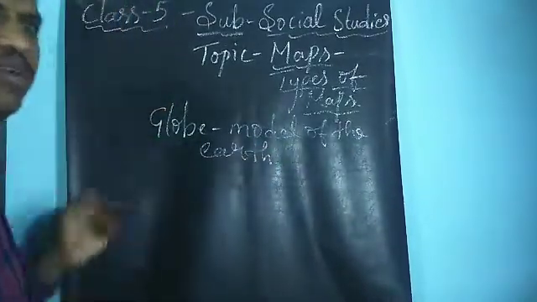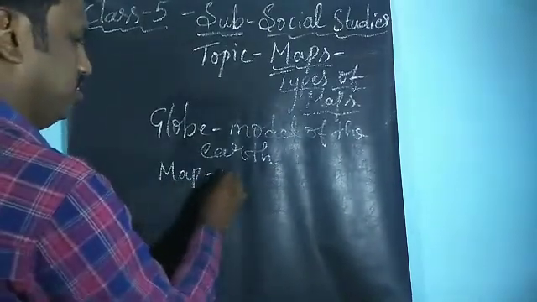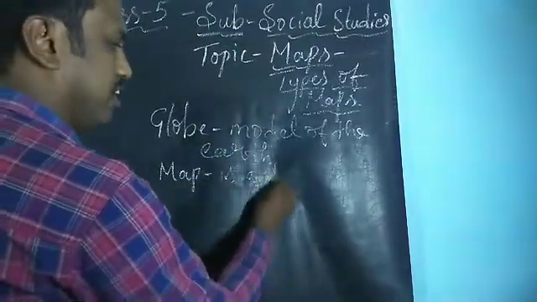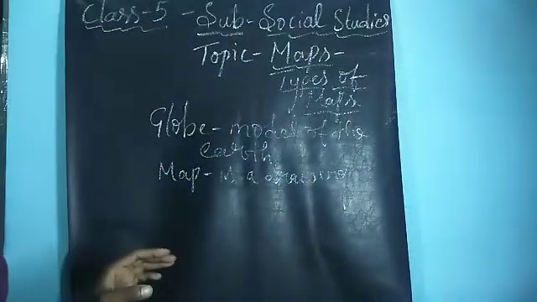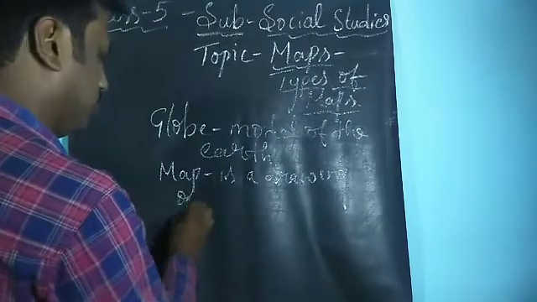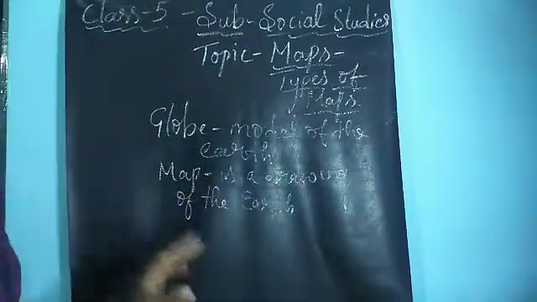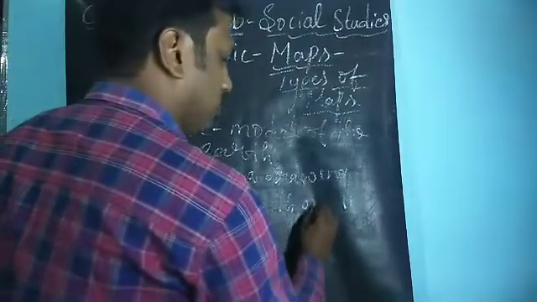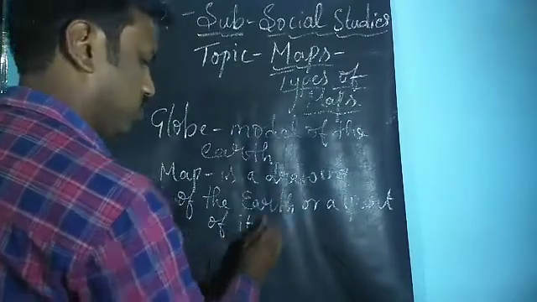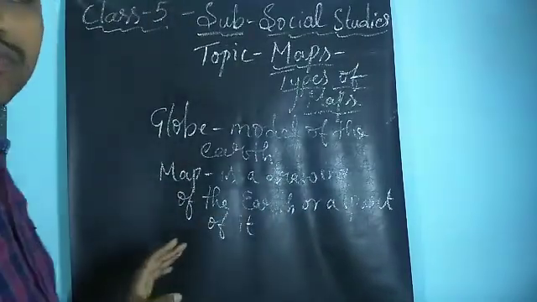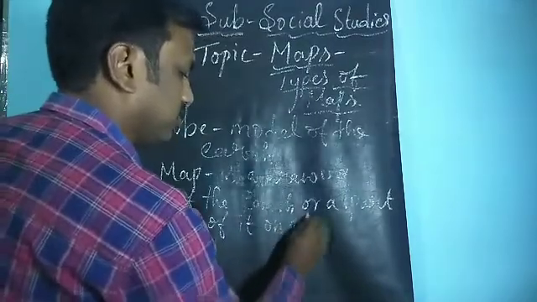Then what is a map? A map is a drawing of the earth or a part of it on a flat surface.